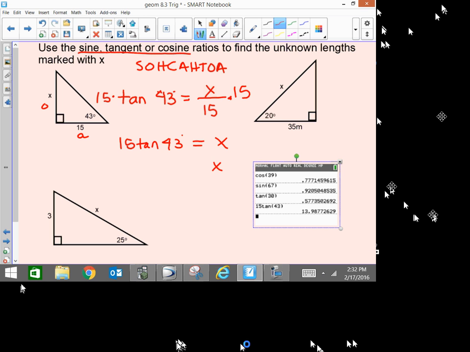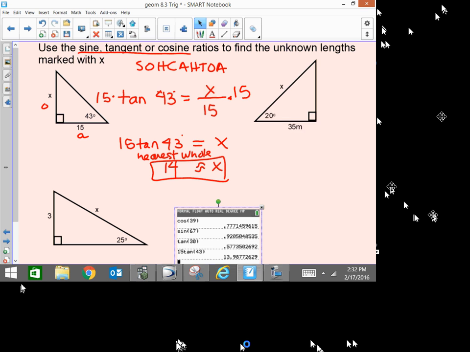So x is, nearest whole number, 14. Now, 43 is pretty close to 45, isn't it? So these should be pretty close to the same, shouldn't they? Yeah. So that makes sense.